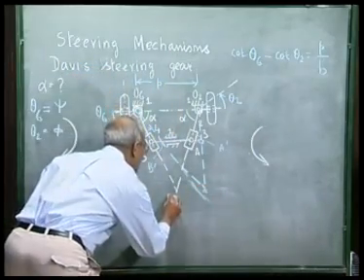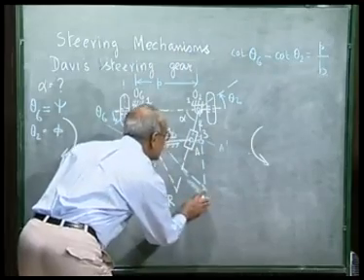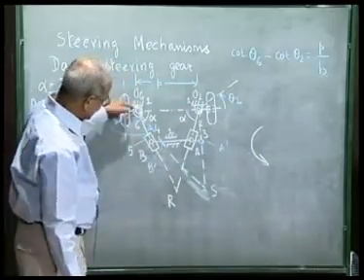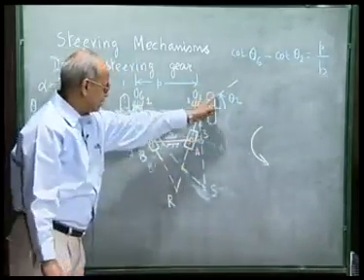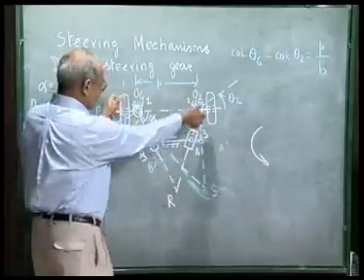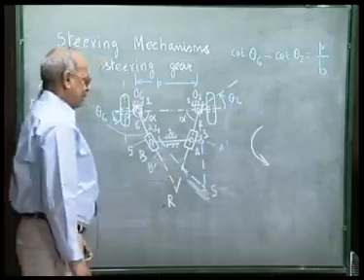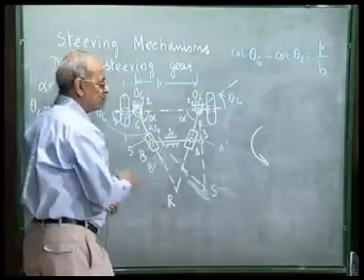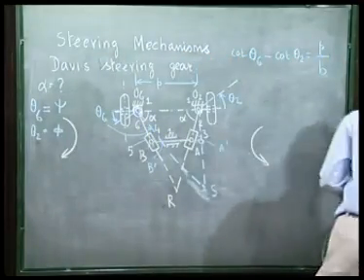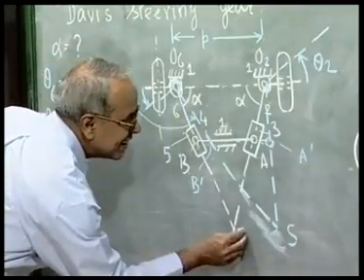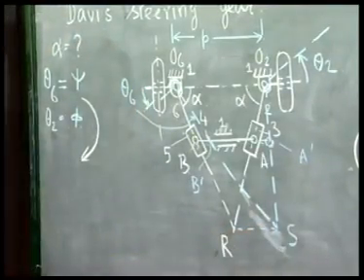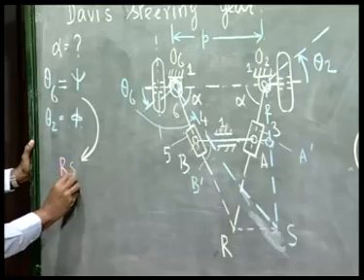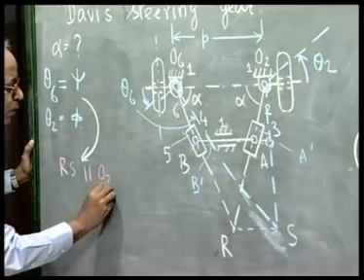We call this point R and this point S. Extension of link 2 and extension of link 6, in the straight configuration, when the wheel was straight, meet at R. When the wheel turns, they meet at S. It will be very easy to show that this line RS, let me use a different color, that this line RS is parallel to O2O6.